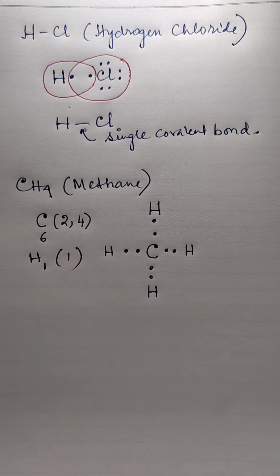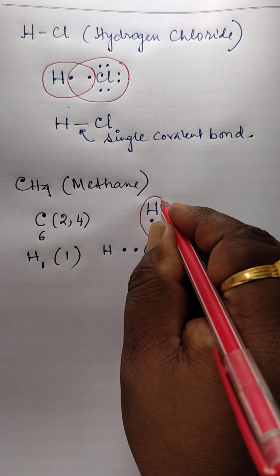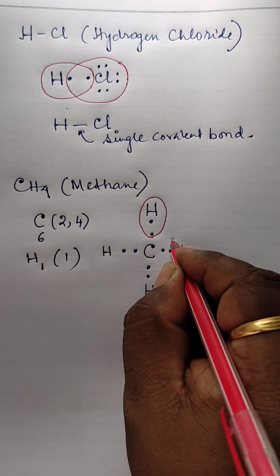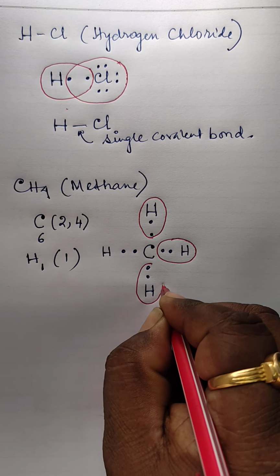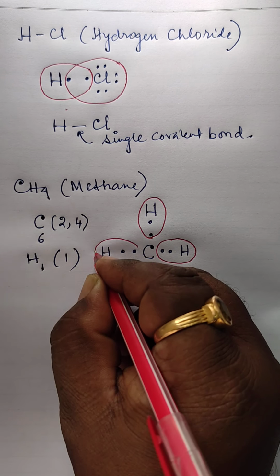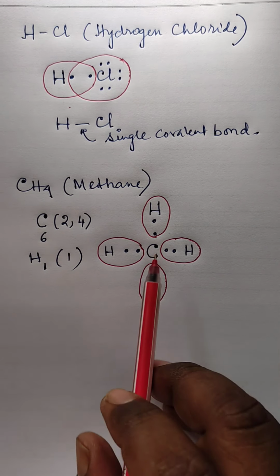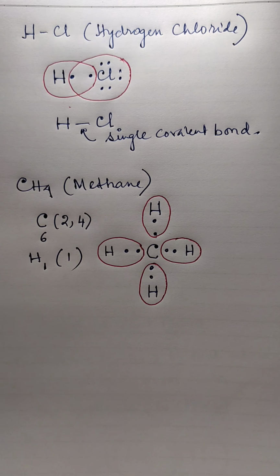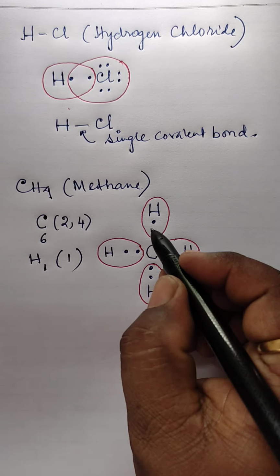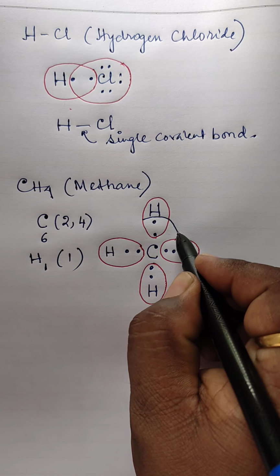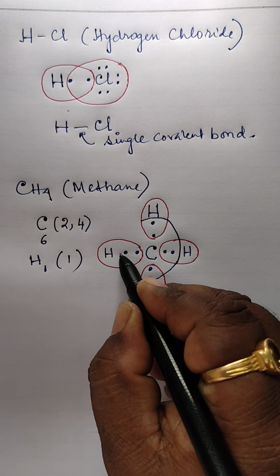Hydrogen needs to satisfy the condition of doublet, and each hydrogen satisfies it by bonding like this. But the carbon needs 4 more to have an octet. This 2 adds up to 4, this 2 adds up to 6, and this 2 adds up to 8.